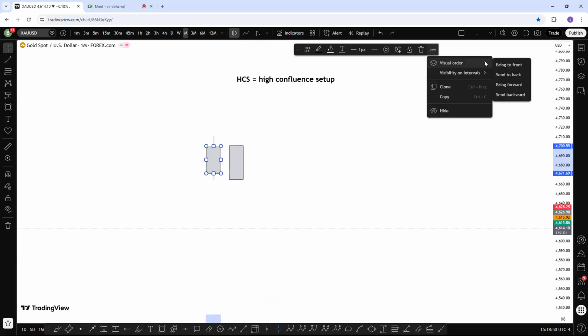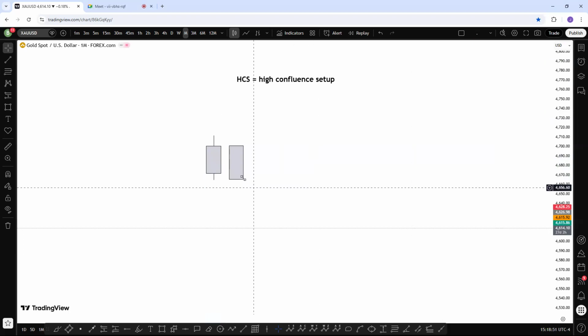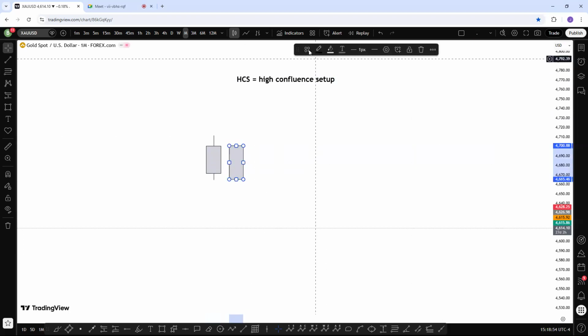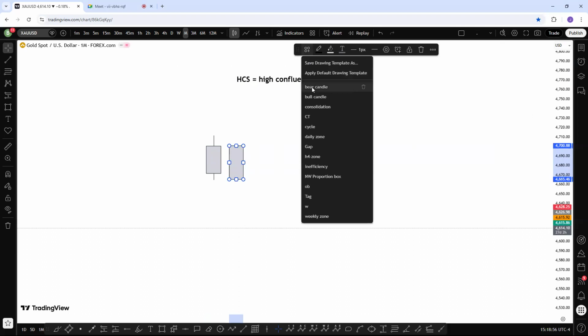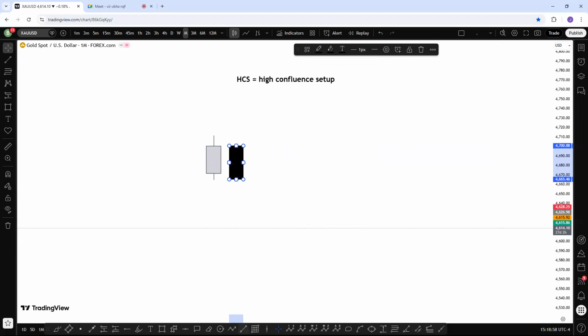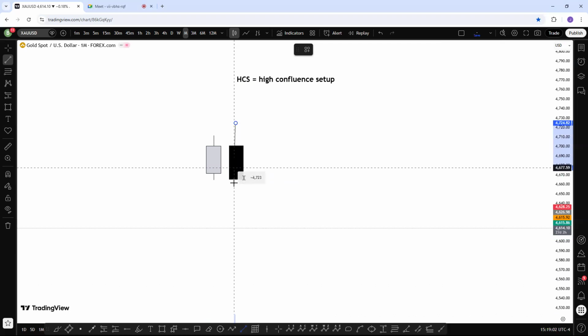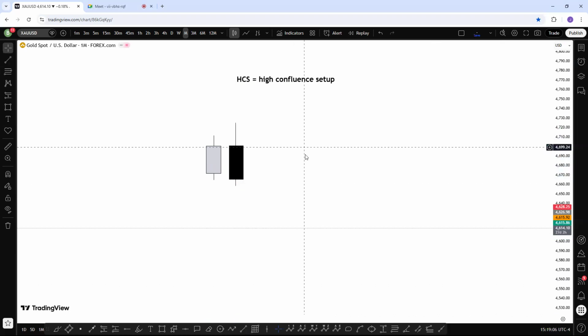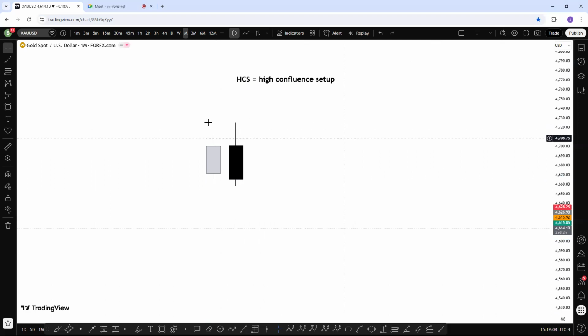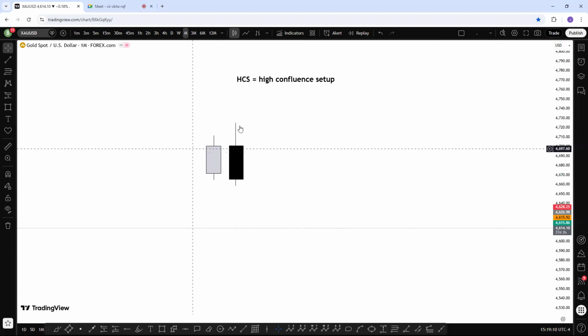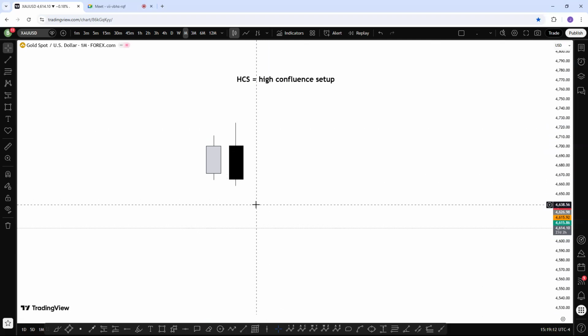So this is a normal manipulation, because you have taken the high, then you make a reversal.